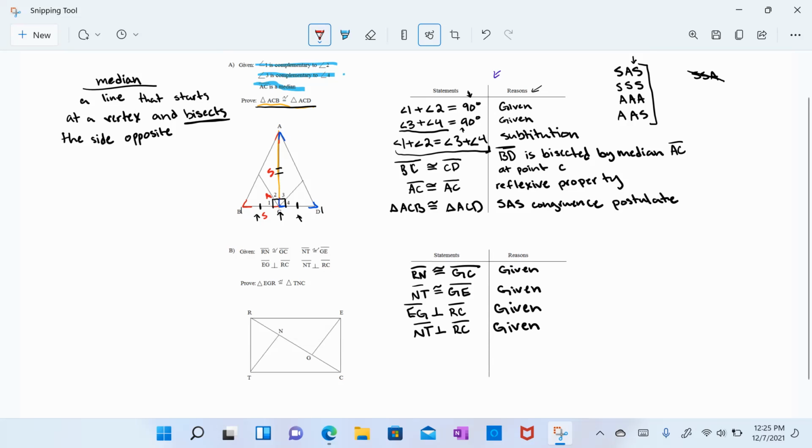First, what we're going to do though is we're going to box what we're trying to prove. So we're trying to prove this triangle, EGR, is congruent to TNC. Okay, so we're trying to do those two triangles.